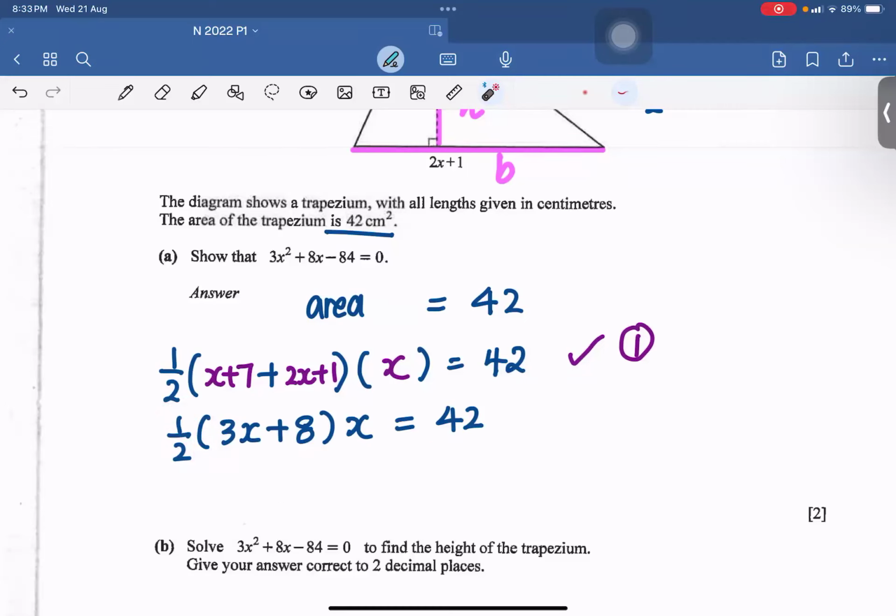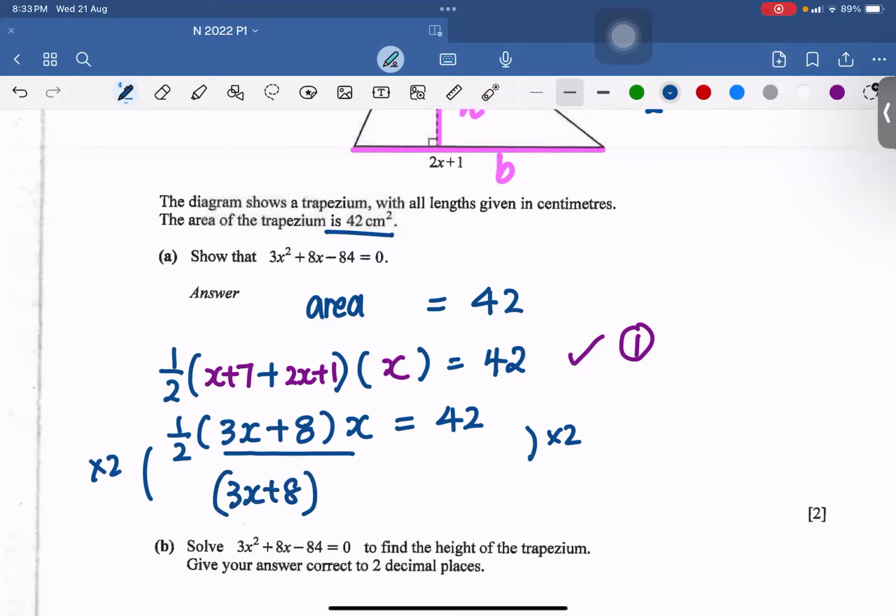Yeah, go to the 42, right? So the half, I'm going to multiply it to the 42 times 2. So I'm going to multiply by 2, then the half and the 2 here will cancel away, right? No more half. So this part stays just like that, 3x plus 8 bracket with the x. This part becomes 84.